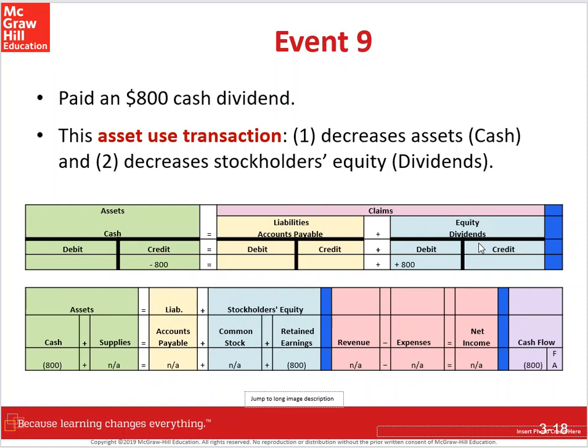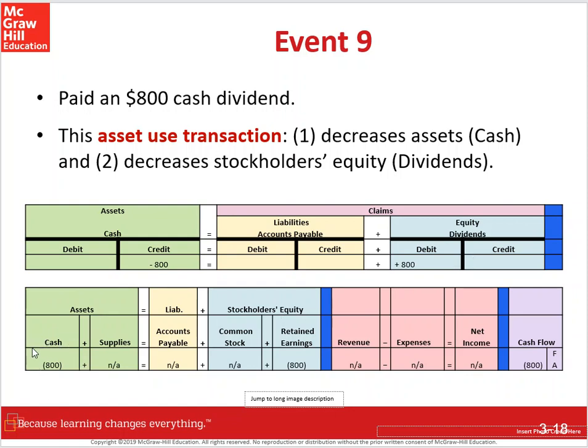Now, we already knew that we were going to need a debit because we have a credit to cash. We knew we needed a debit, but I want you to feel confident in your ability to explain why. And it's because of that negative relationship between dividends and equity. Dividends themselves are going up, which is causing equity to go down.